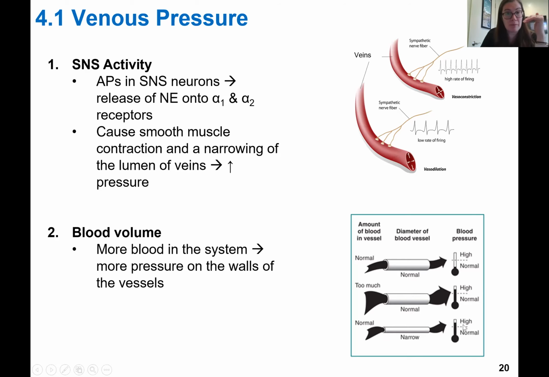You can also get a high blood pressure in the ways that we've talked about with a normal blood volume, but narrowing of the vessel. But even just allowing for that capacitance, if you have too much blood volume, you will put more pressure on the walls.